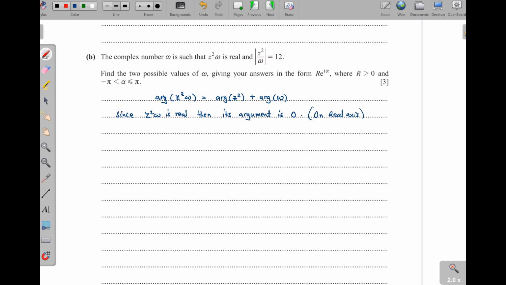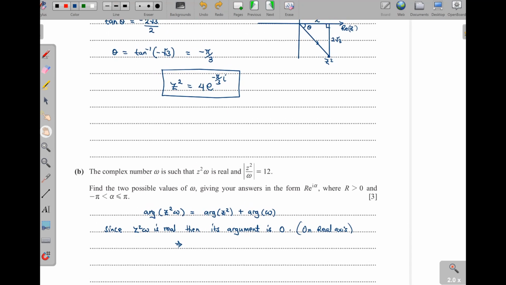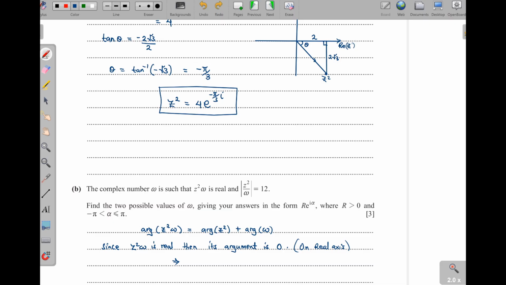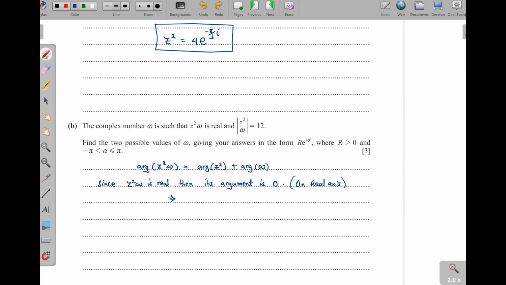You see that? So this simply implies that the argument of z squared, which we got here as negative pi over 3, then we add the argument of omega, which is actually this one here, alpha, should be equal to 0. So that means our alpha shall be equal to pi over 3, if you make this one come this side. You see that?